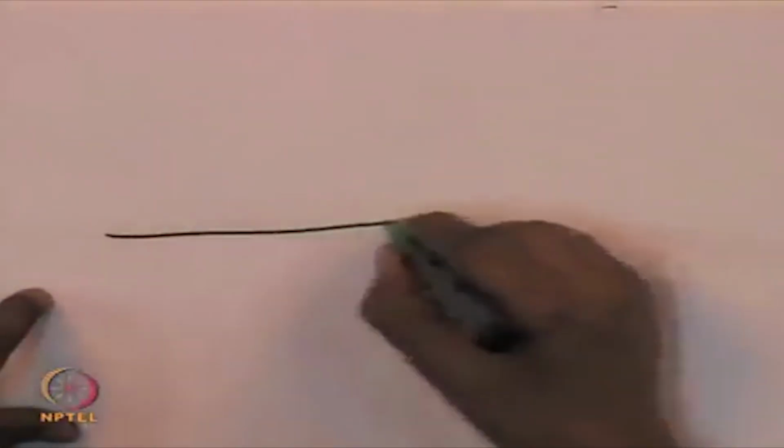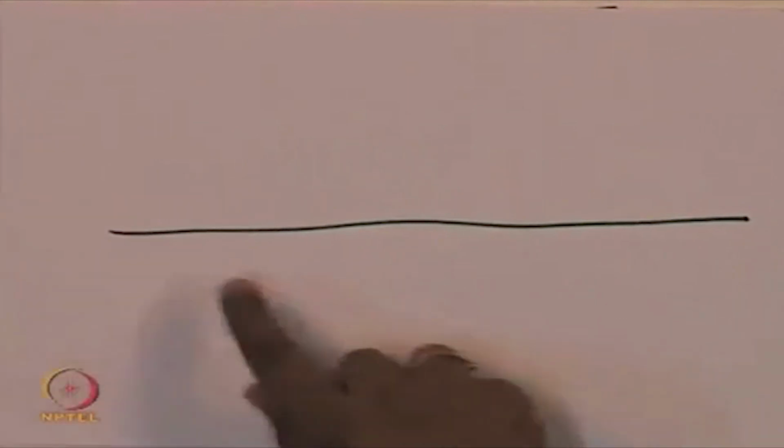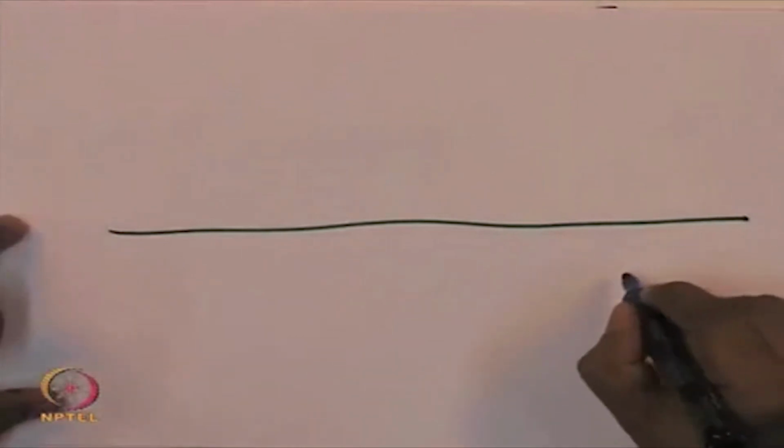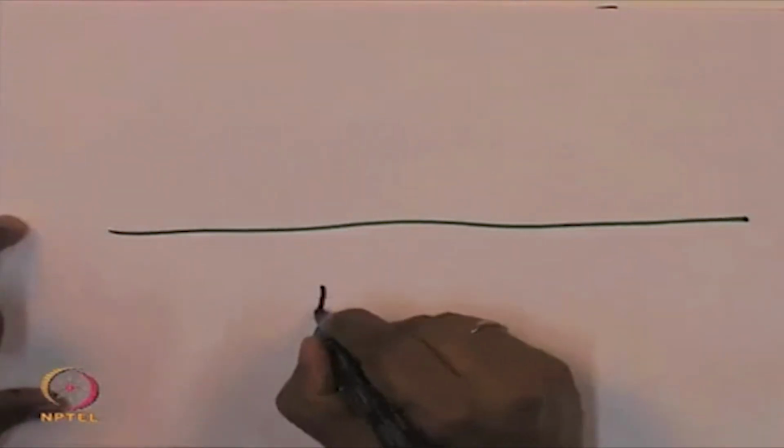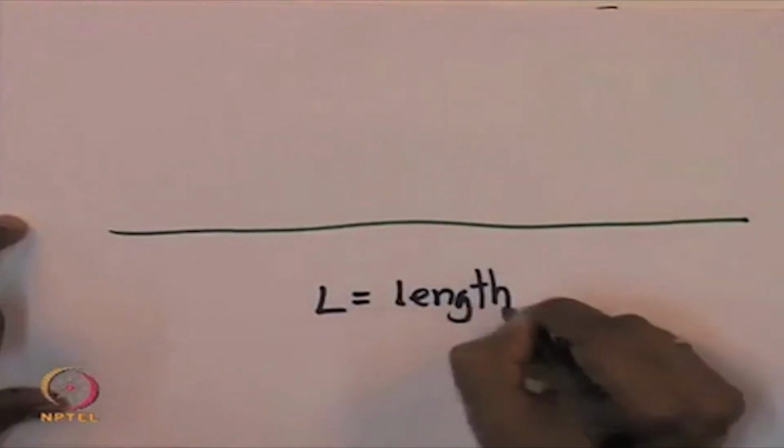Imagine the DNA as a line like this. So, we have a certain DNA of interest, and we are thinking of an in vitro situation. Let us say somebody is doing an in vitro experiment, where they take a DNA of particular length L. So, L is the length of DNA.